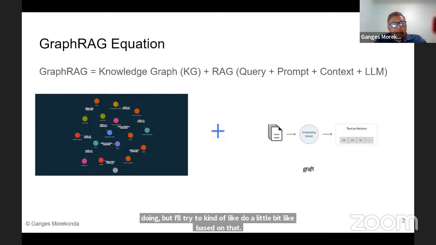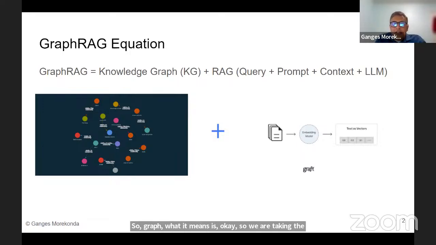So the GraphRAG equation means we are taking naive RAG, which is the latter part of it, which we all know about, what RAG means. Basically a querying plus prompting and context with interfacing with the LLM.